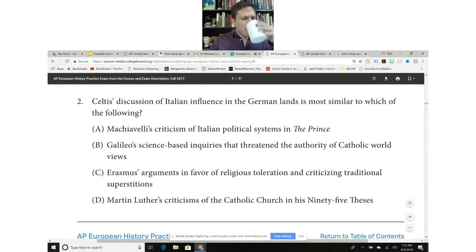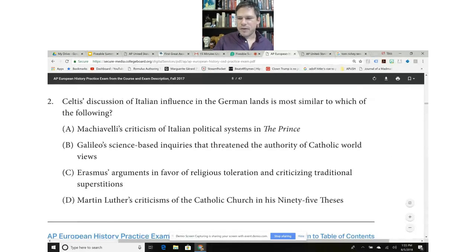Now, this is one of those where it's obviously not going to be A or B, okay? And then we see here that Erasmus, it's most similar to which of the following, that on one side you've got Erasmus, who is Northern Renaissance, and on the other side you've got Martin Luther, and he's criticizing the Catholic Church in the 95 Theses, okay? And so you've got those 2.